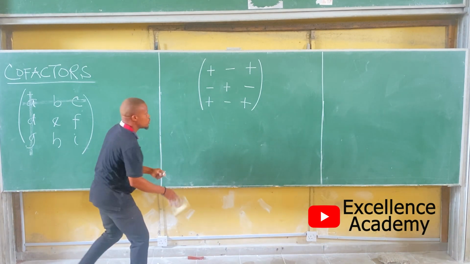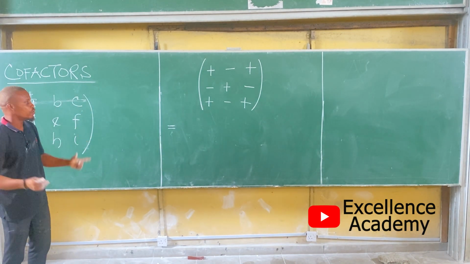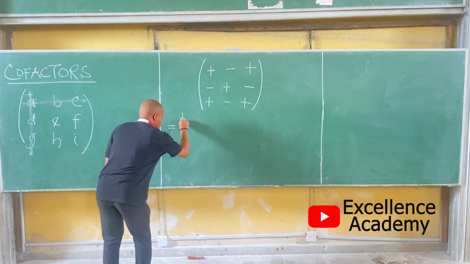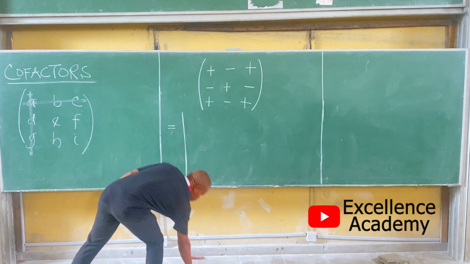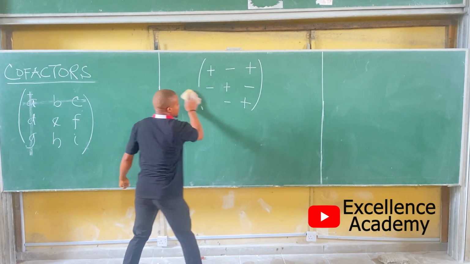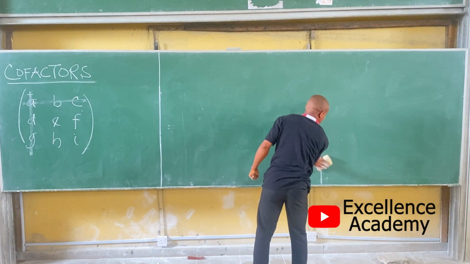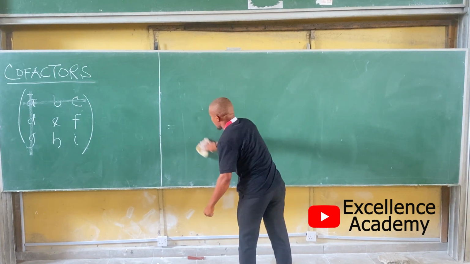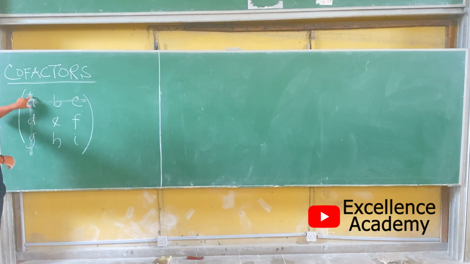Okay, so let's continue with that. This is what I'll do. I'll create a table for it. Alright, so we blocked our first element.